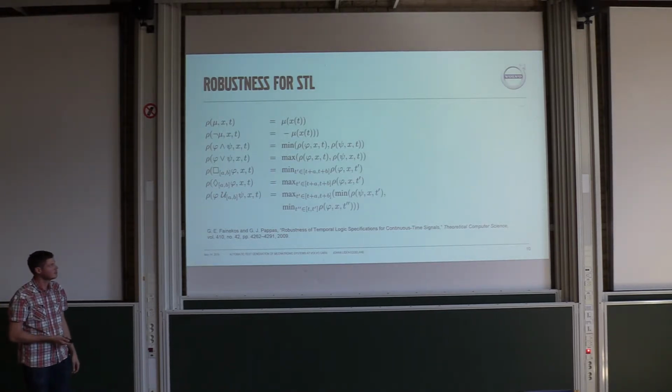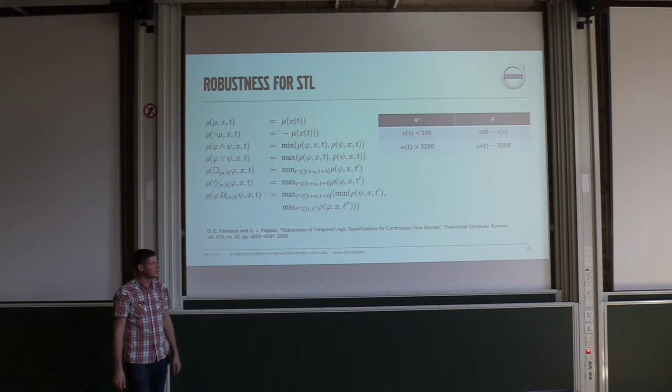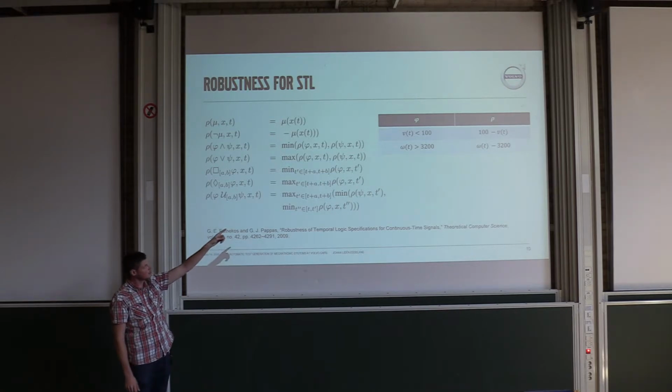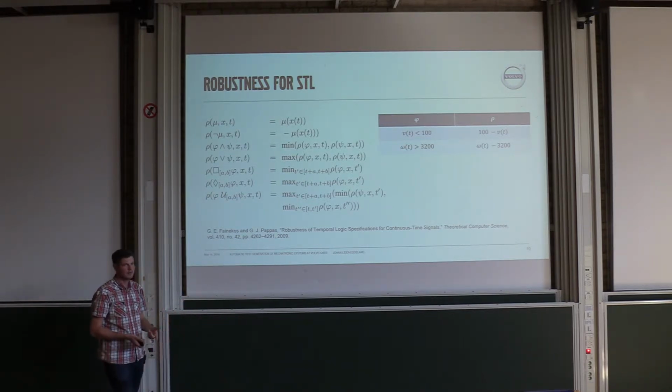And then this can be recursively computed so that it makes sense according to the examples that I showed in the previous slides. Some examples here are if you have some predicates, for example V is less than 100, then the corresponding robustness value would be 100 minus V. On the other hand, if you have some omega that should be larger than 3200, the robustness value would be omega minus 3200.